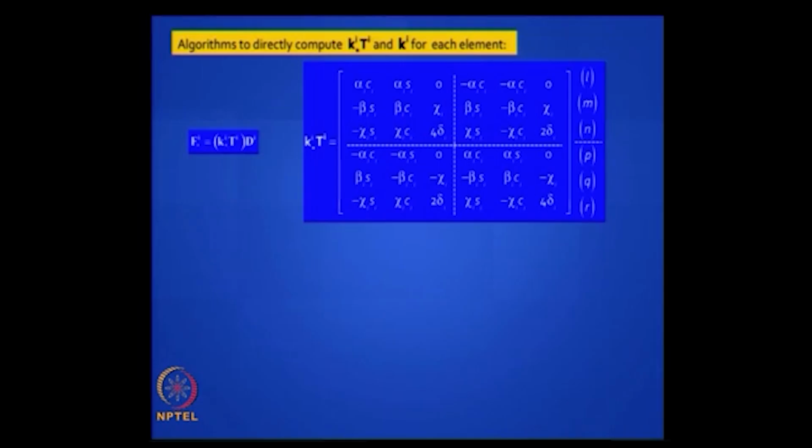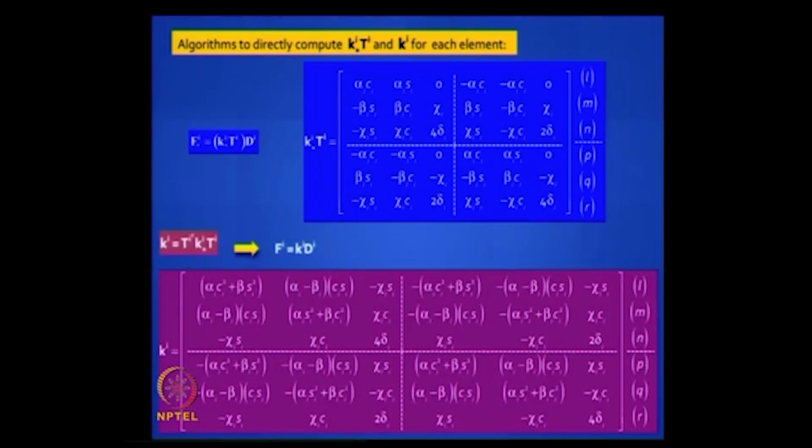You can go one step further and pre-multiply this matrix with Ti transpose, and you can feed this in terms of the geometric and material constants that we had expressed earlier. So if you are interested in programming, you can directly feed in these values, but you can also allow each multiplication to be done separately. The choice is yours.